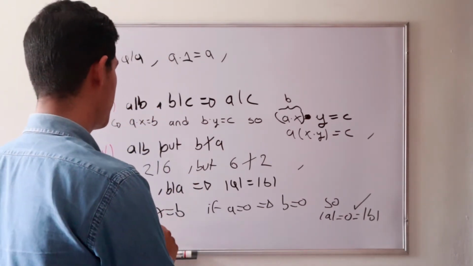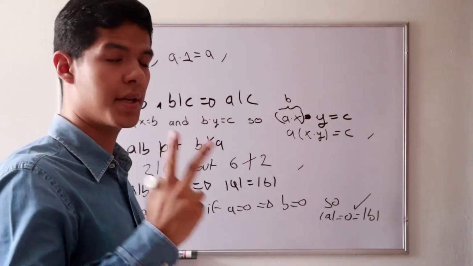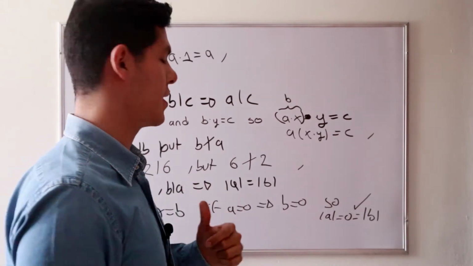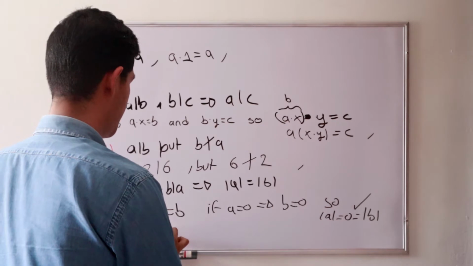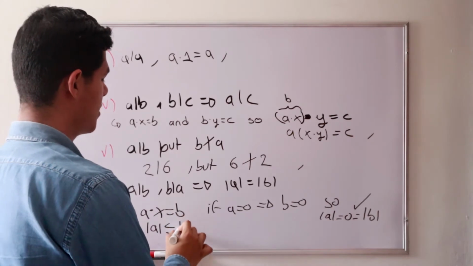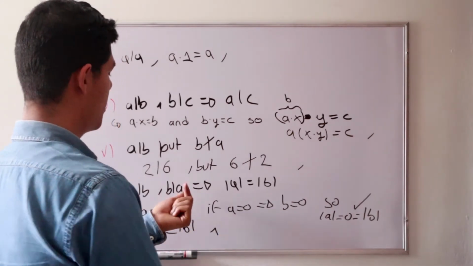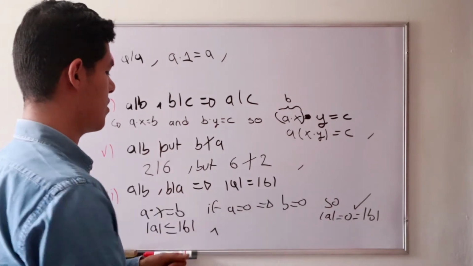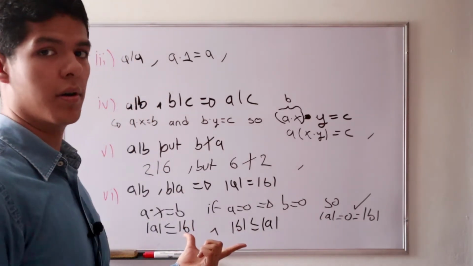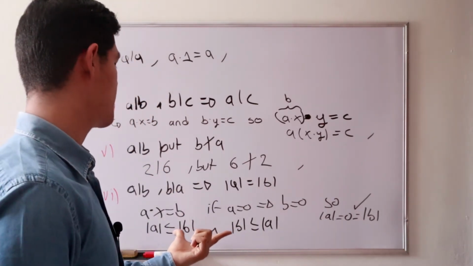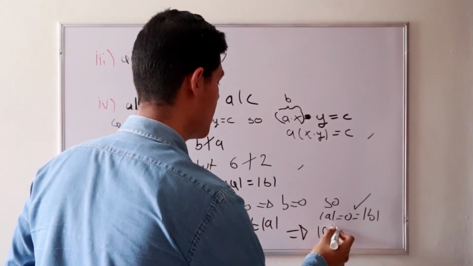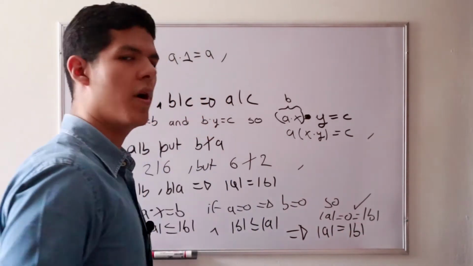By the second property that we demonstrated before in the video, we have that the absolute value of A is less than or equal to the absolute value of B. And also by this other division, we have that the absolute value of B is less than or equal to the absolute value of A. From these relationships, we can conclude that the absolute value of A equals the absolute value of B. Why?